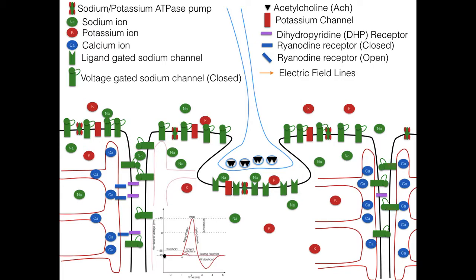Here you can see that the sarcolemma actually takes a dip inwards and caverns inwards, and you should recall that that structure, where the sarcolemma dips in through the cell, is the T tubule.